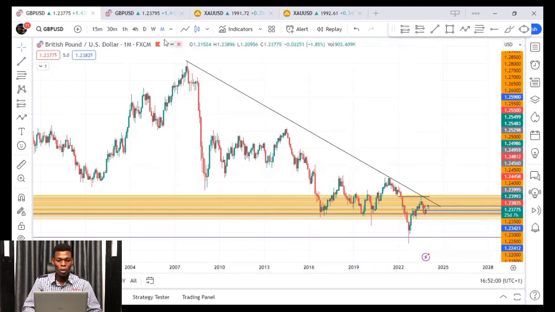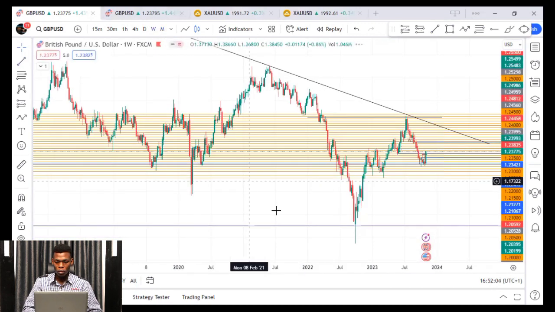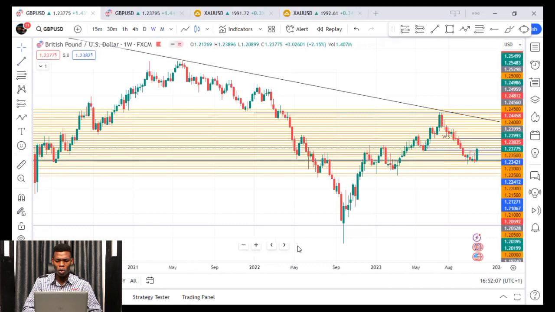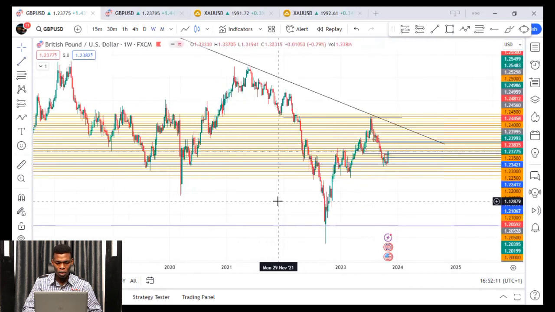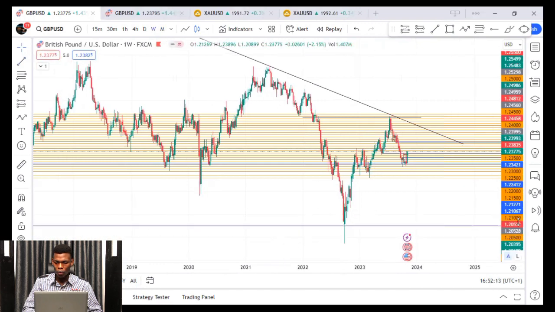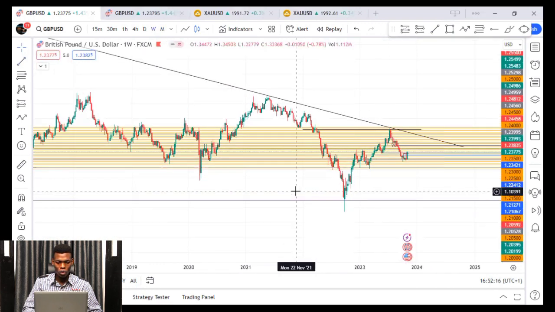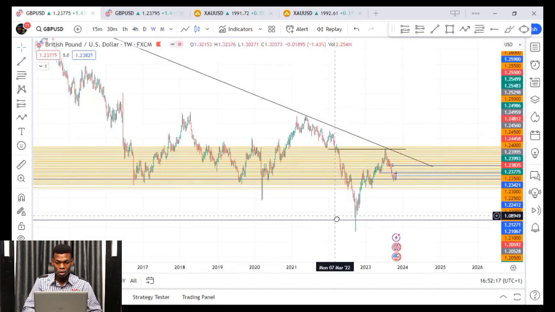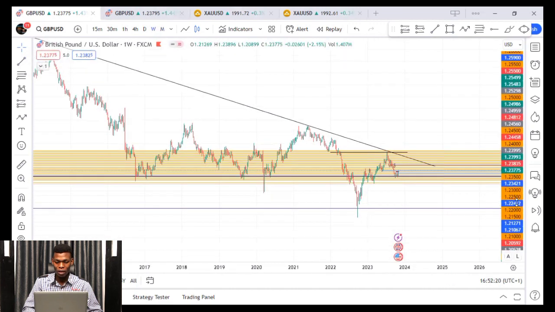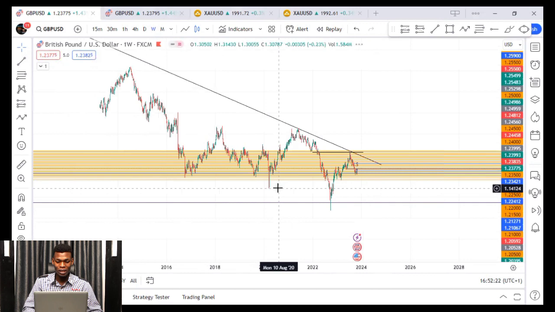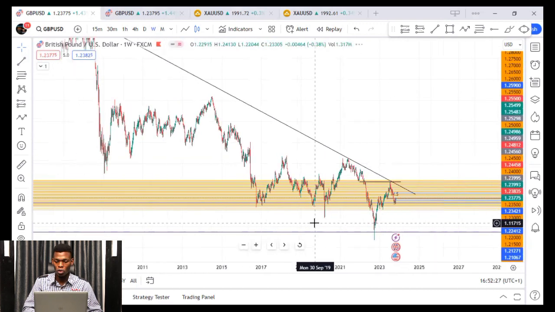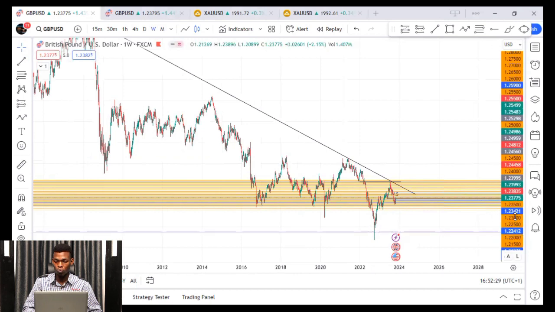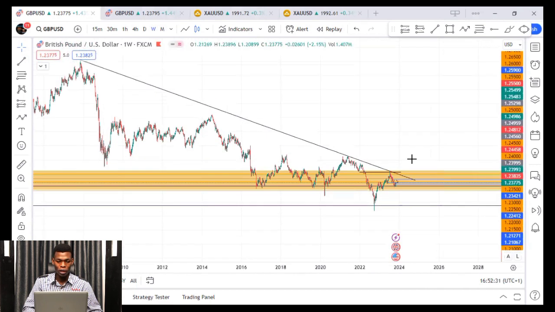We are still trying to check the overall trend here, so we go to the weekly time frame. The weekly time frame as well is showing us the same thing. Let me just zoom out. Yeah, you can see the weekly time frame too is showing the same thing: we are still on a downtrend and the market is very bearish.